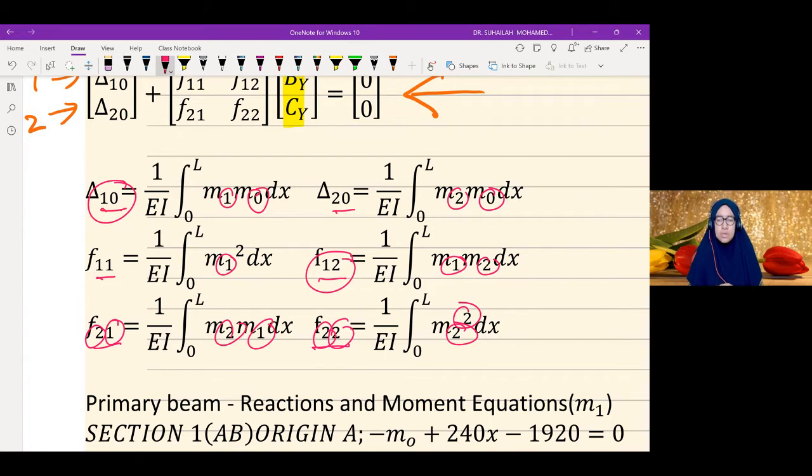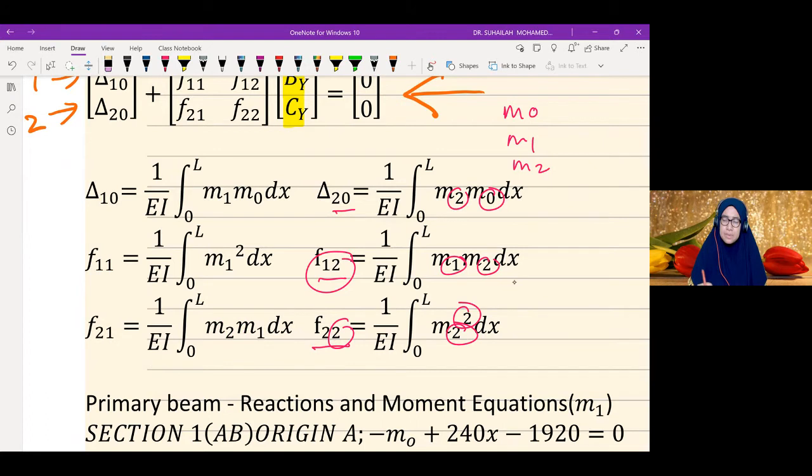Okay, so we will have three system. We have 3 systems start with M naught for primary system, M1 for redundant 1, M2 for redundant 2. 3 system, 0, 1, 2. We just need to follow the flow. Okay? And actually the equation you don't need to write as well.